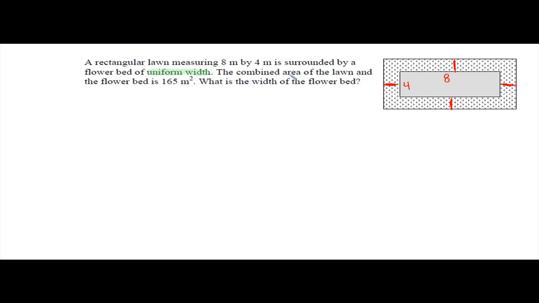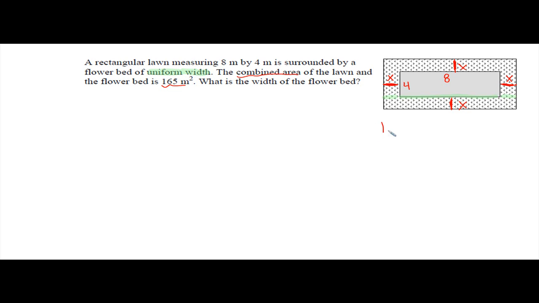The combined area, and this is important, the combined area of the lawn and flower bed is 165. It says, what is the width of the flower bed? The width of the flower bed is this right here, so we're going to call this our unknown, x. Now let's set everything up. This whole side here was 8 before, and then we added x and we added x.